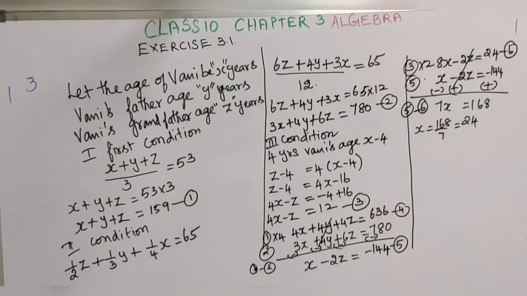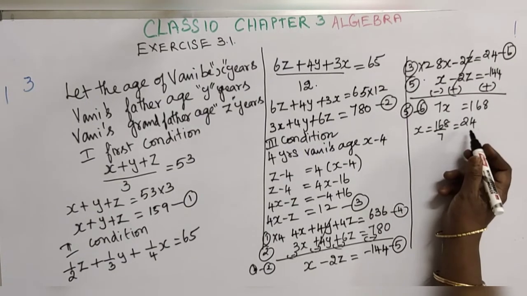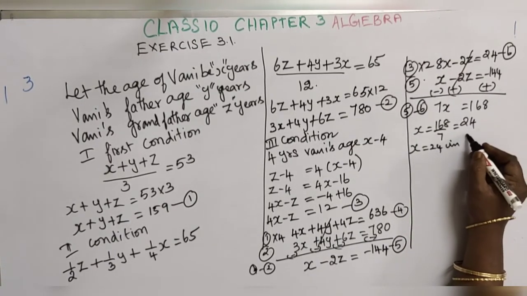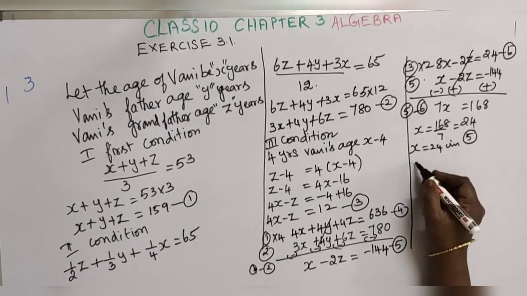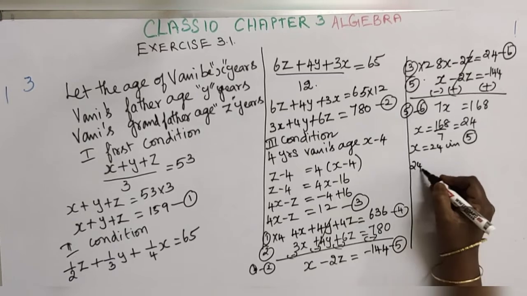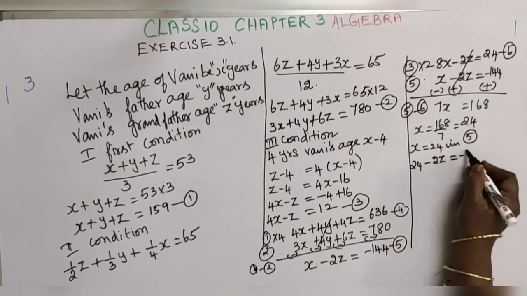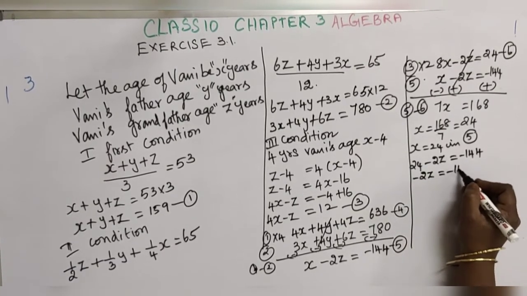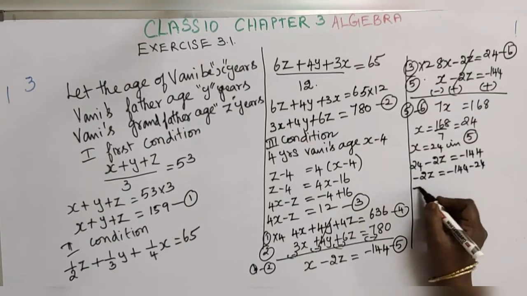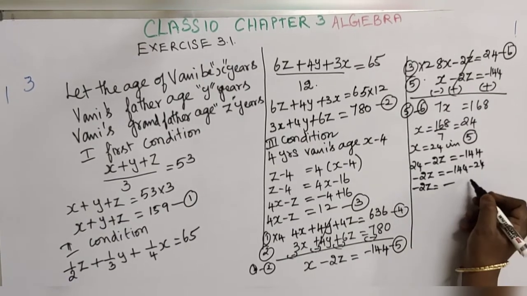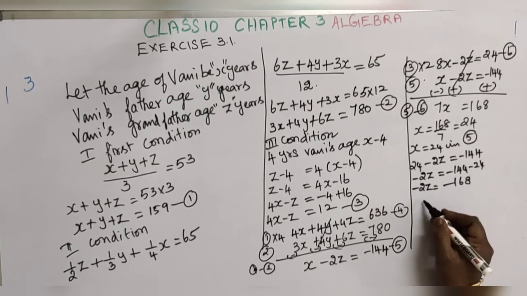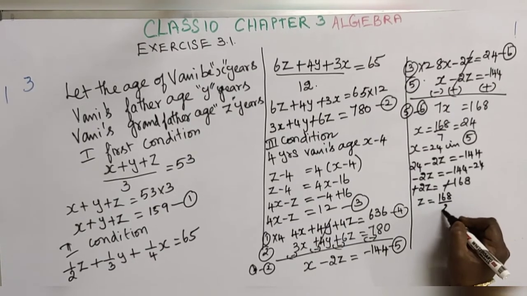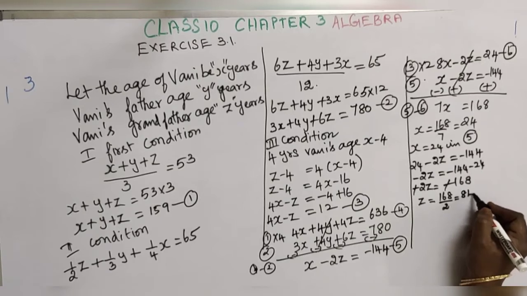Now we have got Vani's age. Now substituting x equal to 24 in the fifth equation: 24 minus 2z equal to minus 144. So minus 2z equal to minus 144 minus 24, so minus 2z equal to minus 168. So z equal to, minus minus get cancelled, 168 by 2, so 84.